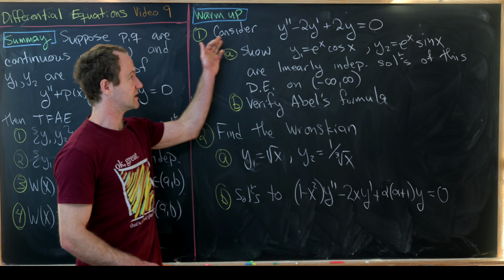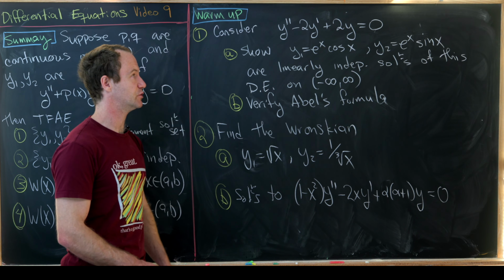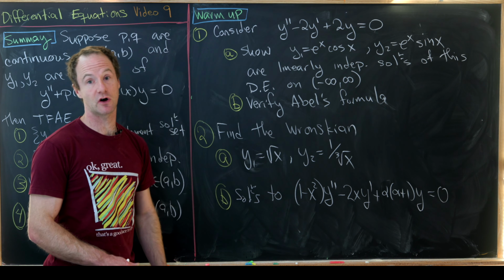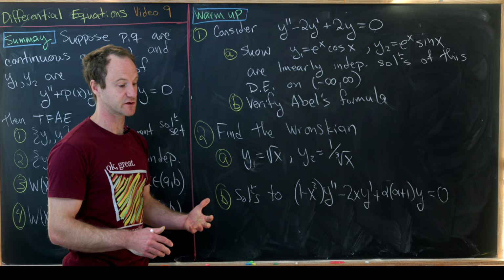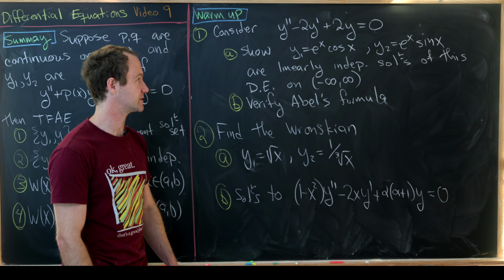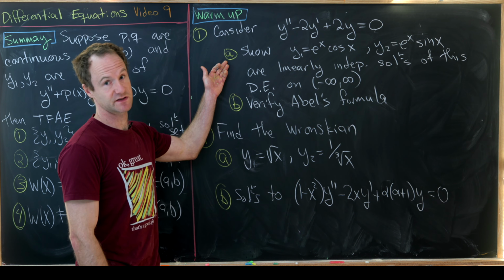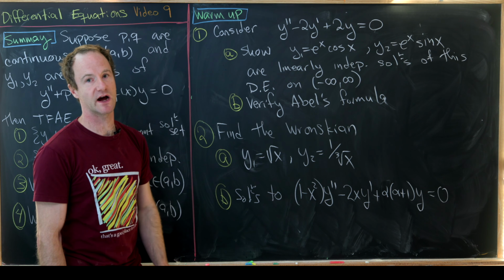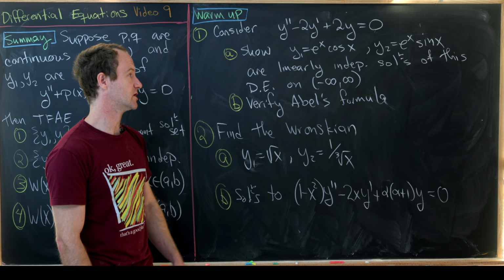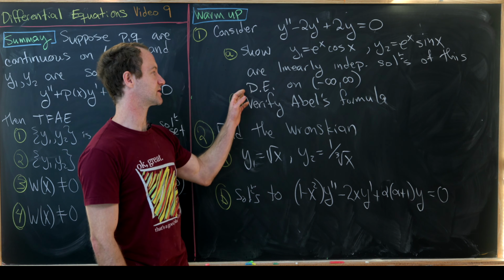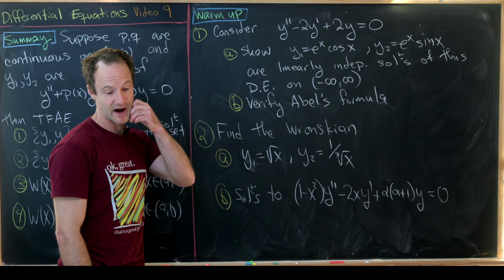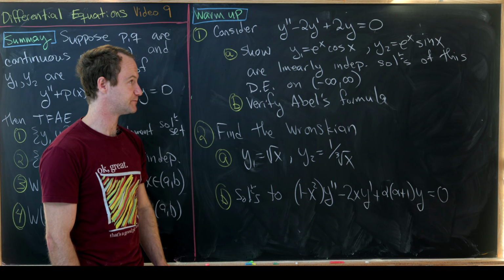So let's consider the differential equation y double prime minus 2y prime plus 2y equals 0. Just to point out, we'll be able to solve this type of differential equation using a solution strategy in a couple videos. So the first sub-problem here is to show that y1, which is e to the x cosine x, and y2, which is e to the x sine x, are linearly independent solutions of this differential equation on the interval minus infinity to infinity.